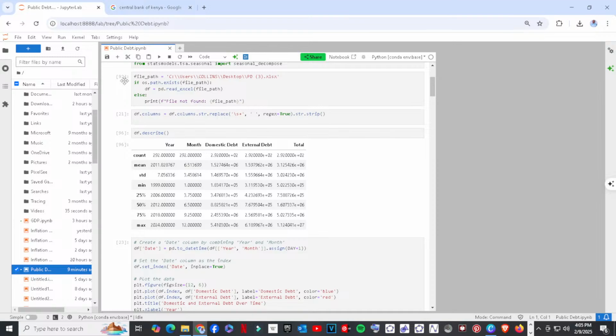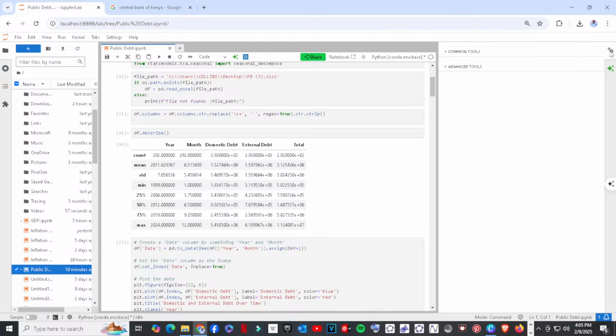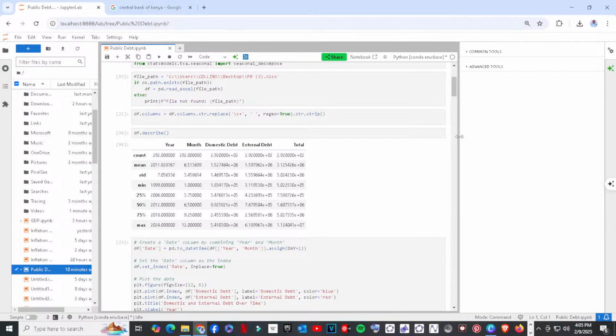The public debt has been a subject of discussion in various forums where Kenya is considered as an investment destination. So today I want us to look at the data, what the data tells us. Then from there we'll be able to know how we move forward with the analysis.